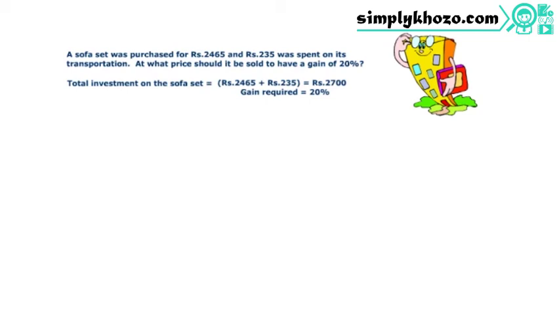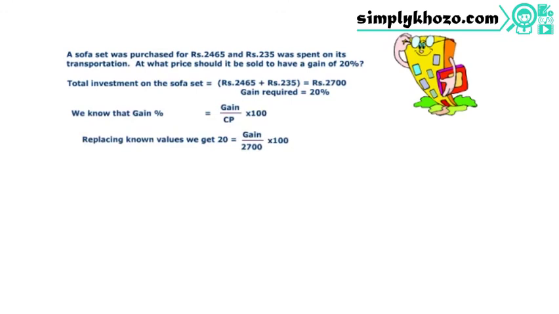Gain required is equal to 20%. We know that gain percentage is equal to gain by CP into 100. Replacing the known values, we get 20 is equal to gain by 2,700 into 100. You have learnt cross multiplication. 20 into 2,700 by 100 is equal to gain.